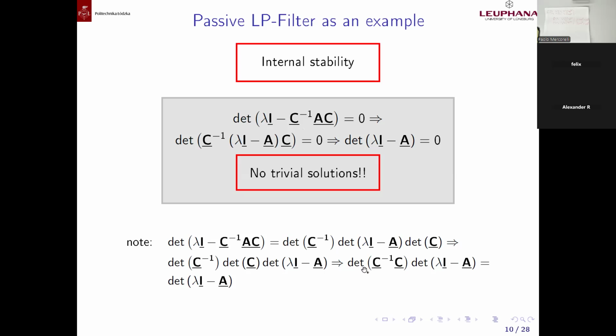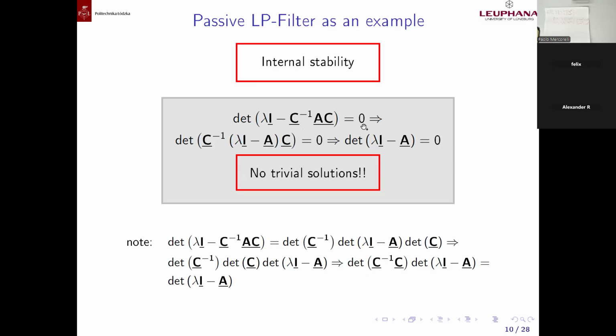Because in a linear system, if the determinant is 0, in this case, we don't have only the zero solution. We have something consistent in this set, or at least not 0.